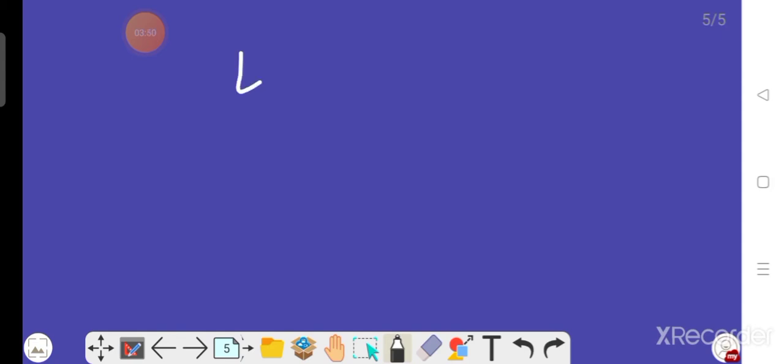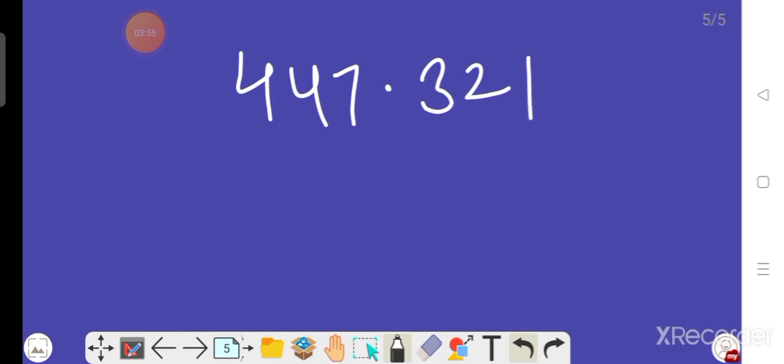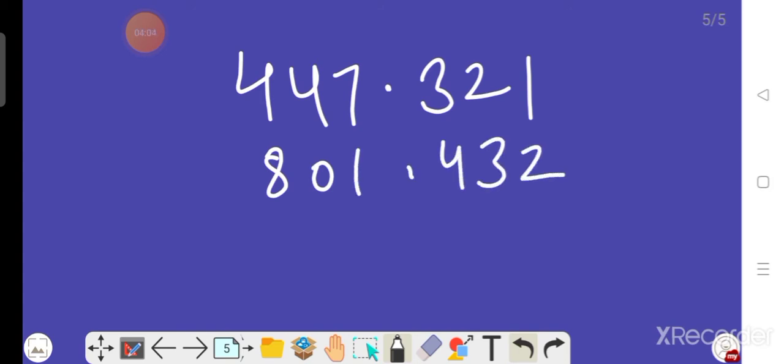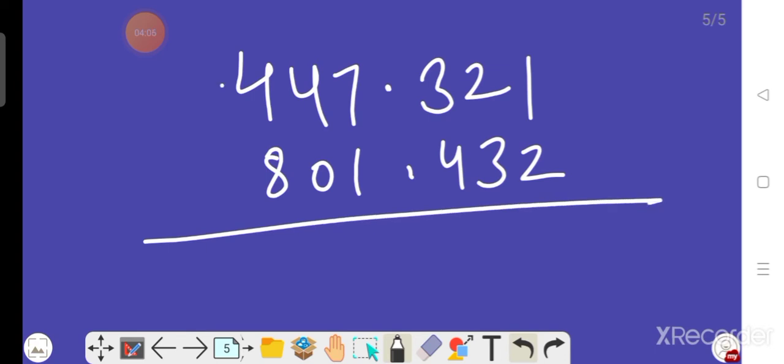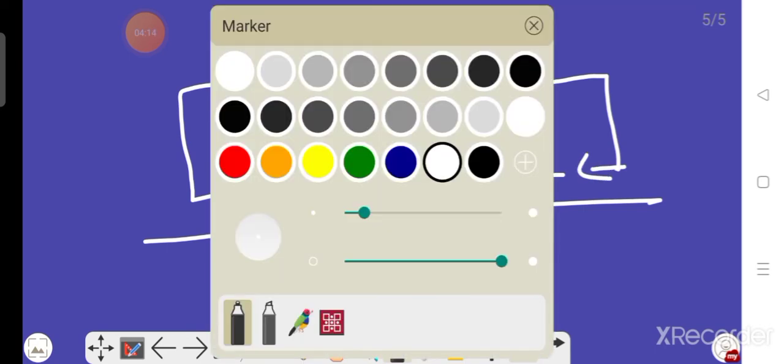For example, if you have to add 447.321 into 801.432. Look at here beta, the whole part is just below the whole part of another, and the decimal part is just below the decimal part of another number. Okay, now what we have to do?